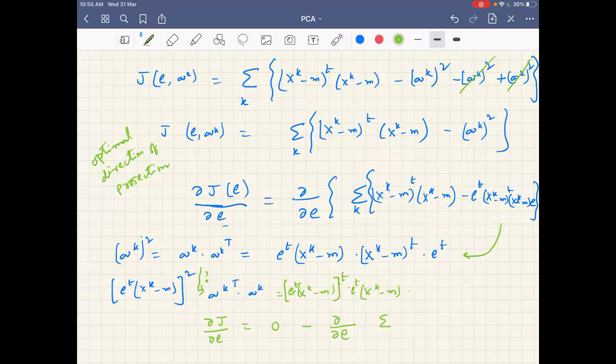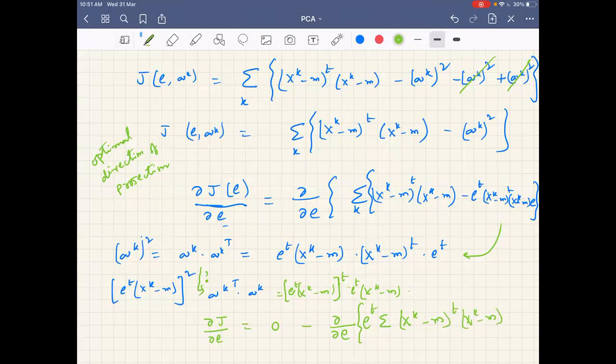I want to bring in the summation here, so I will apply a trick. Since the time is less now, I am directly writing the final step here. I want to bring E transpose outside.